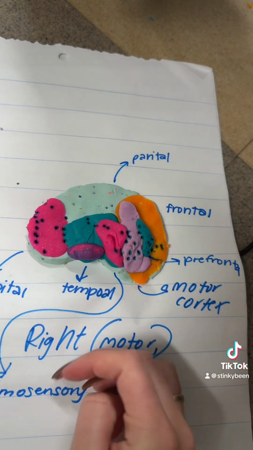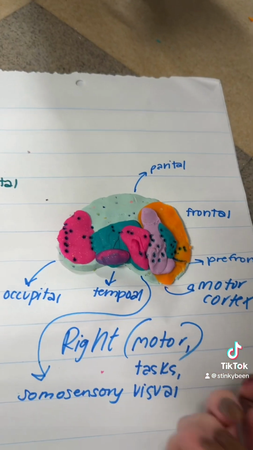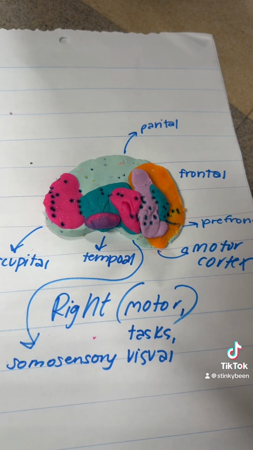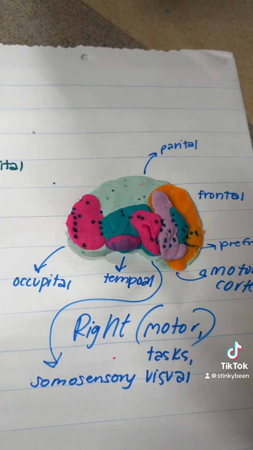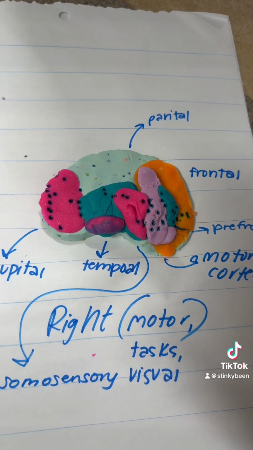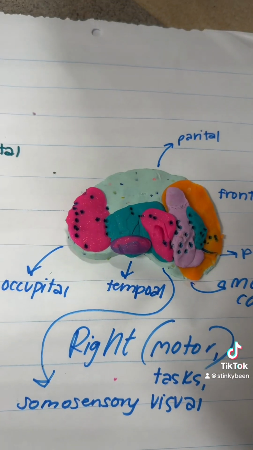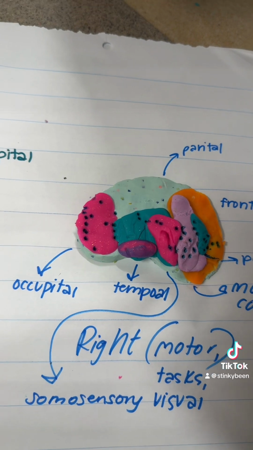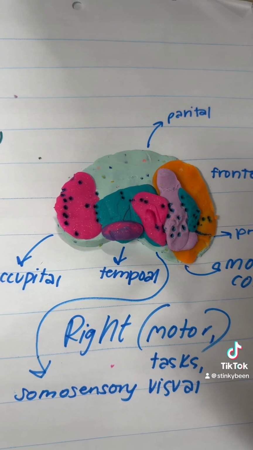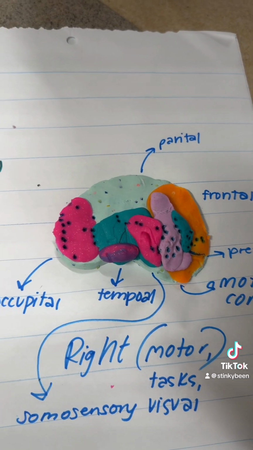The somatosensory cortex is the one that's interpreting the information and gaining it, and then the motor cortex is the one that acts on it and creates the motion in the body. The occipital lobe processes and responds to visual stimuli. It interprets the information that the eyes are seeing.